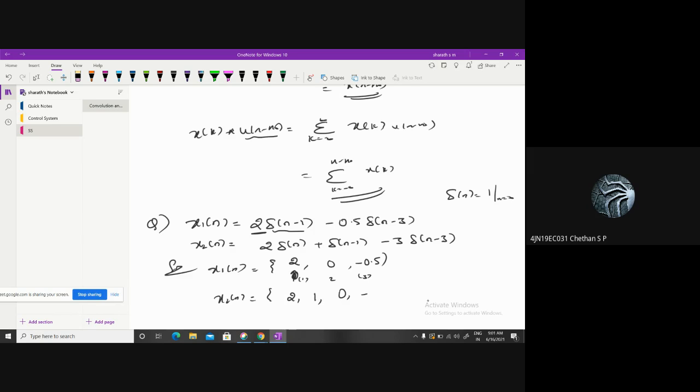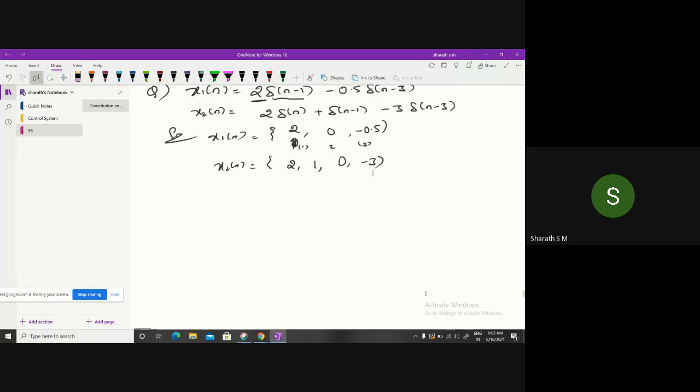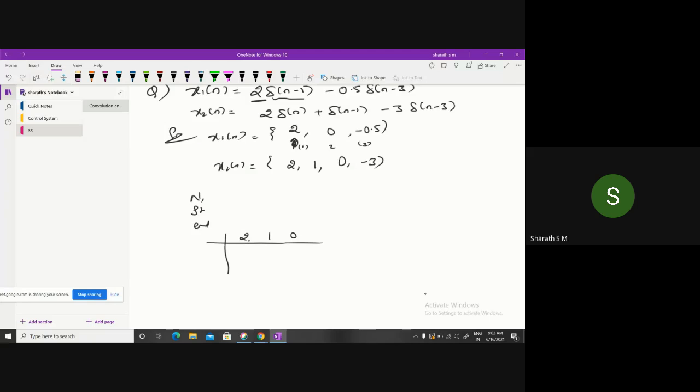Minus 3. So that's it. Then we need to do the convolution by tabular method. So find out n, starting point, ending point, and then do the cross multiplication.